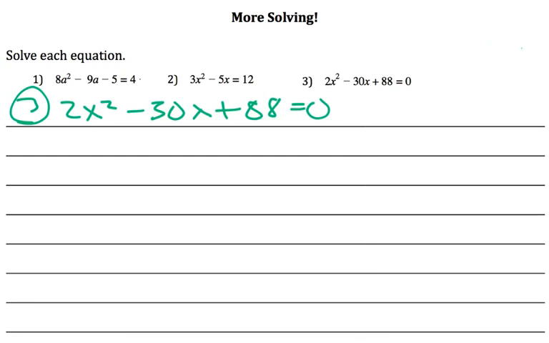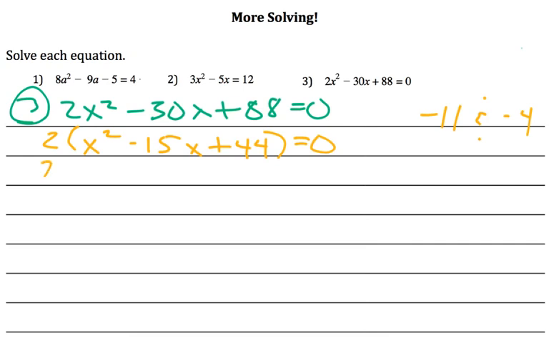From this problem, I was able to factor out a 2 and go about it this way. And maybe then, instead of looking for all that crazier stuff, I'm looking for the factors of 44 that add up to negative 15. And those factors would be negative 11 and negative 4.